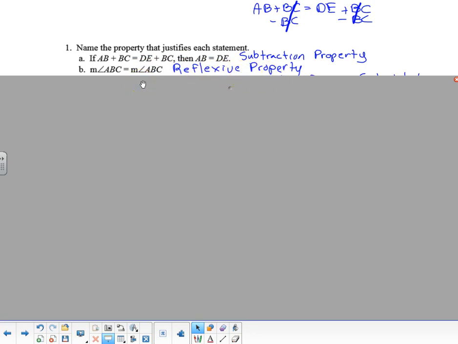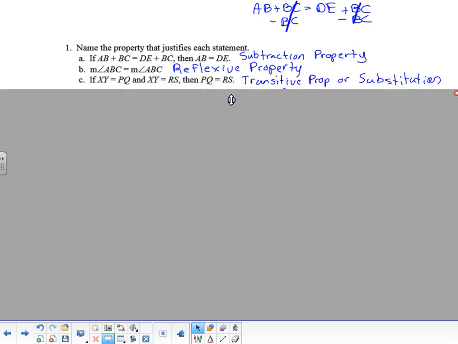When I think about the reflexive property, I think about looking in a mirror. You get that mirror image. So we're going to use that a whole lot. If XY equals PQ and XY equals RS, then PQ equals RS.